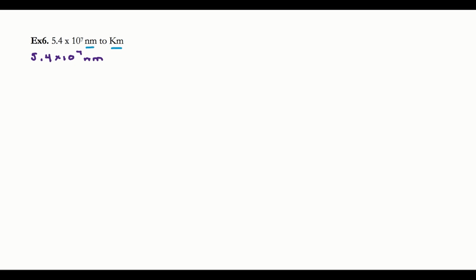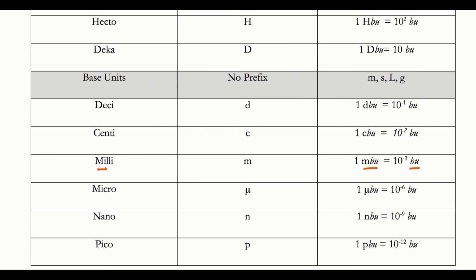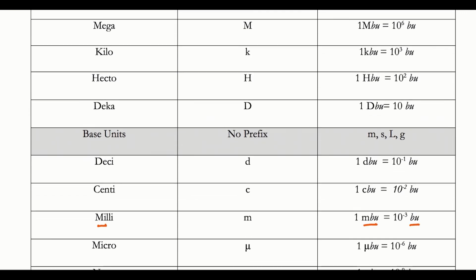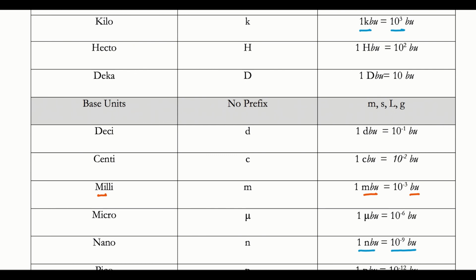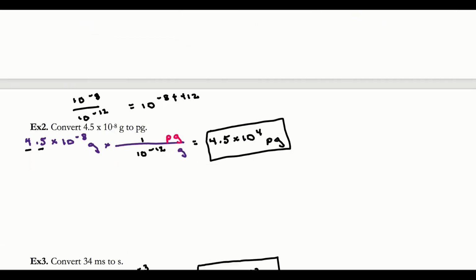What I do know is that 1 nanometer is 10 to the negative 9th meters, and 1 kilometer is 10 to the 3rd meters. So I'm going to first go from nanometers and convert into meters, and then from meters I can convert into kilometers.